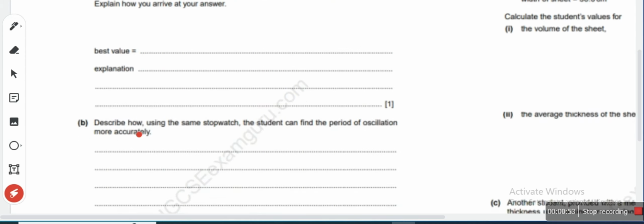Now it says, describe how using the same stopwatch the student can find the period of oscillation more accurately.